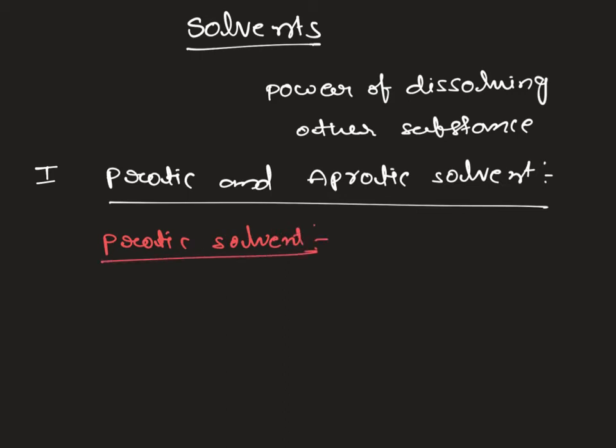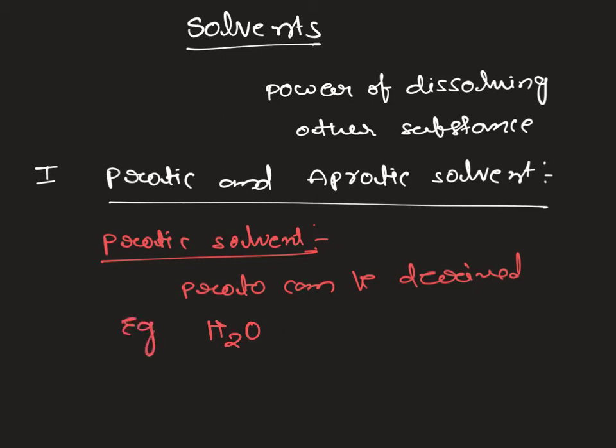A solvent from which a proton can be derived is called a protic solvent. For example, let's take water. It is an example of a protic solvent.